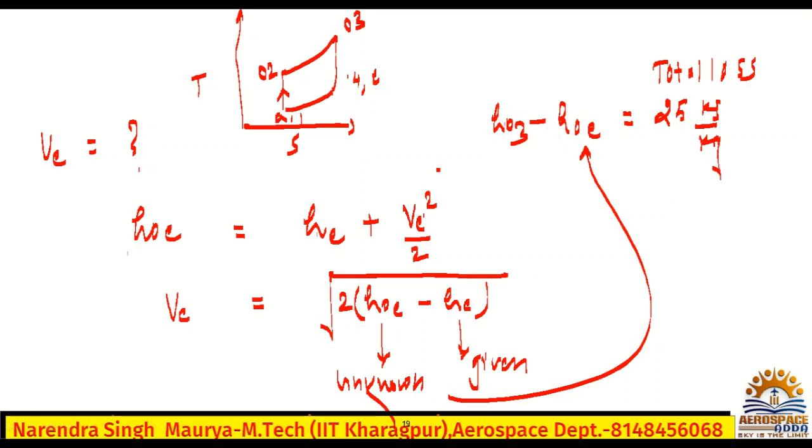So anyhow I need to calculate H naught 3. H naught 3 is the temperature at the exit of the combustion chamber. This will be the combustion chamber, yes or no? Because 2 to 3 is the combustion chamber, so I will redraw the combustion chamber here. This is a combustion chamber, station 2, station 3.